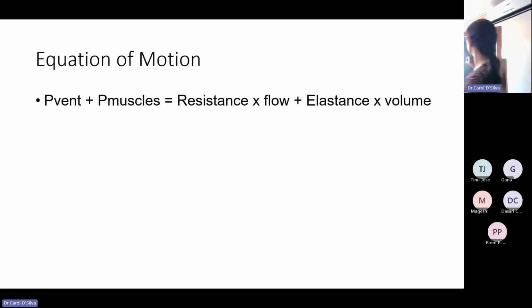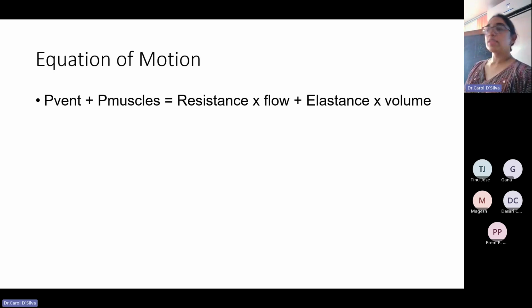But how much pressure is required to generate? It depends on, remember your straw and your balloon, your trans-airway pressure and transthoracic pressure. So it is resistance into flow plus compliance. Compliance is 1 by elastance, so elastance into volume. There are two factors that will tell you how much pressure is required to distend your balloon at the end of the day.